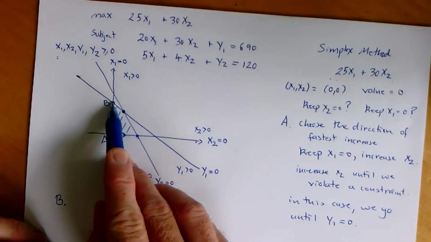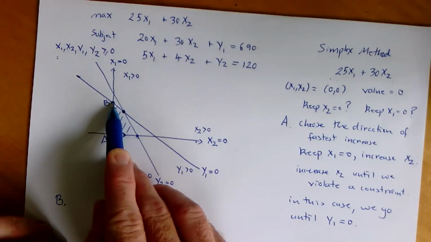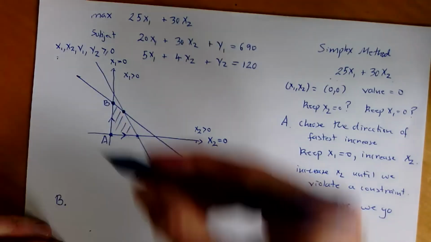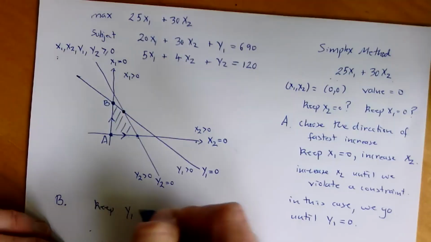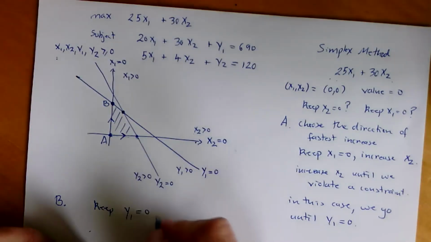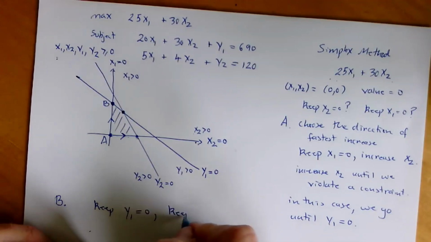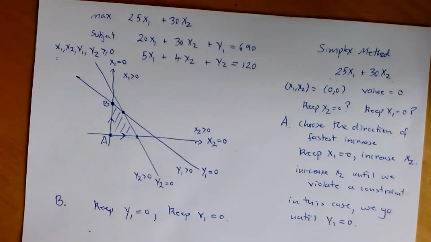Sitting at this point, we could move in 2 directions. We could keep y1 equal to 0, or we could keep x1 equal to 0.